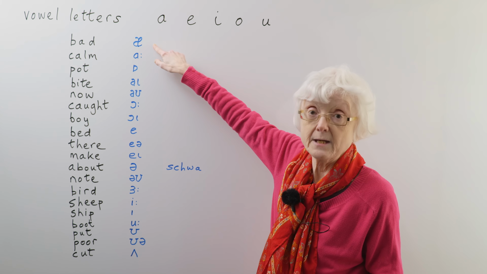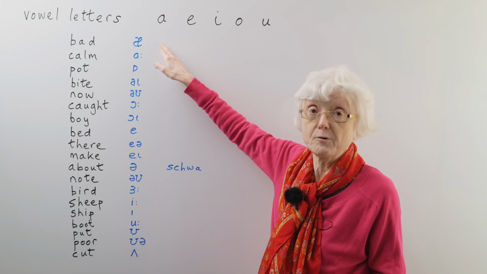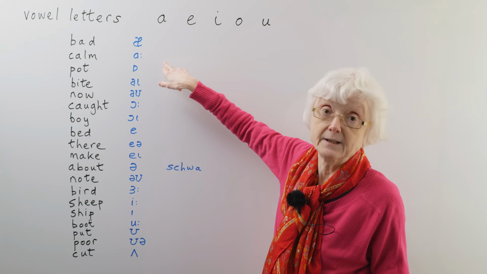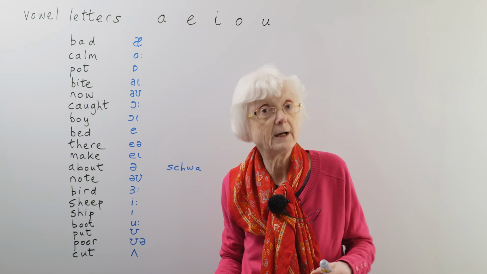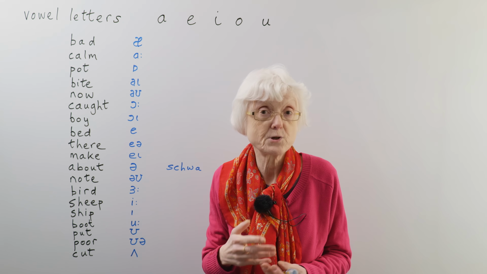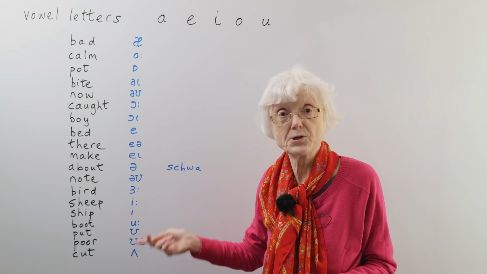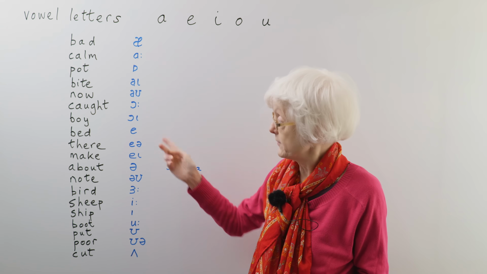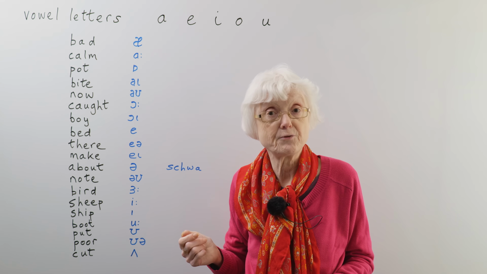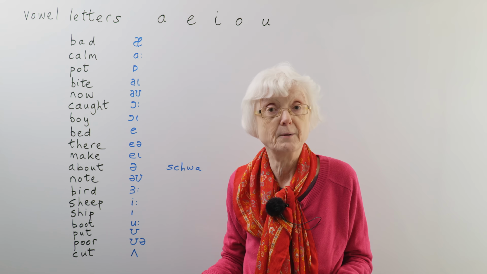And I've put the phonetic symbols from the International Phonetic Alphabet at the side here as well. You don't have to learn these. You may know them and find them useful, but don't worry if you don't understand the symbols. They're just there to show that each of these vowel sounds is different and has its own symbol. You don't have to learn them.